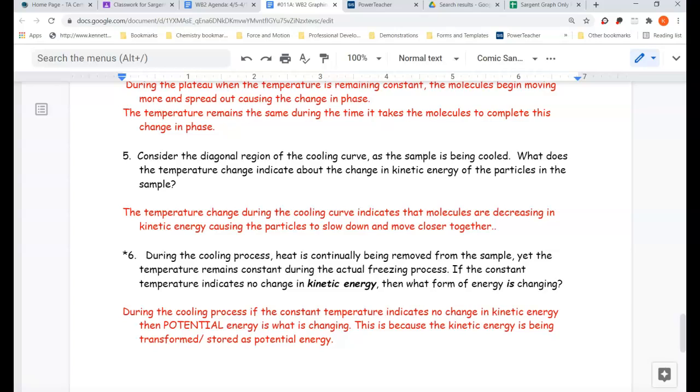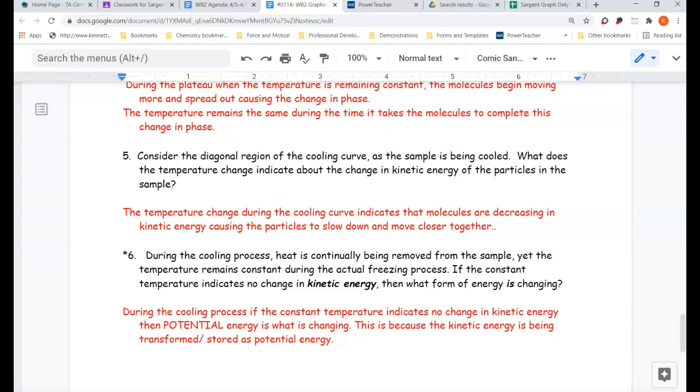Okay, so in number 6, during that cooling process, heat is continually being removed from the sample, yet the temperature remains constant during the freezing, right? So this is a phase change at that particular section where you have that liquid now moving back into its solid state. If that temperature indicates no change in kinetic energy, what is changing? Well, kinetic energy is energy of motion.